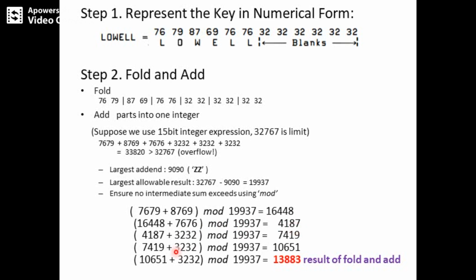Take this 4187, add the next content, that is 3232, you get 7419, and so on, and finally you get the result as 13883. So after the second step, your fold and add result is 13883.